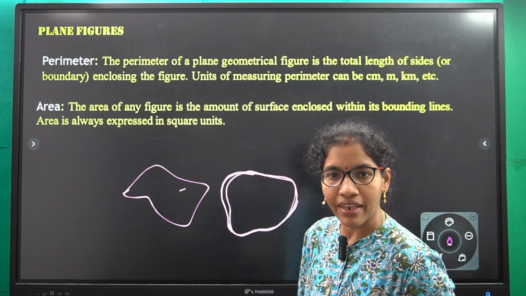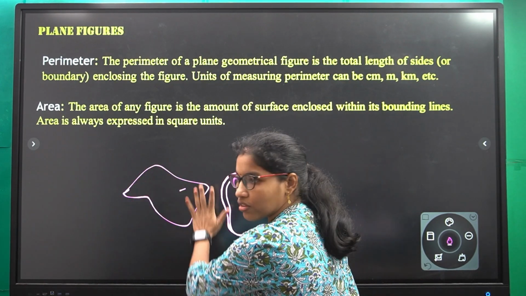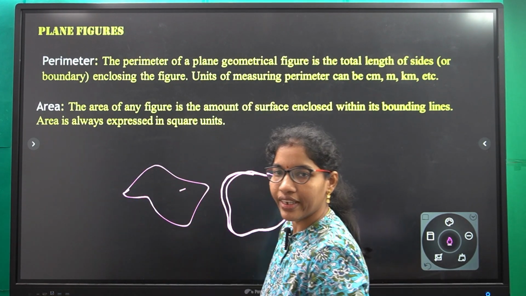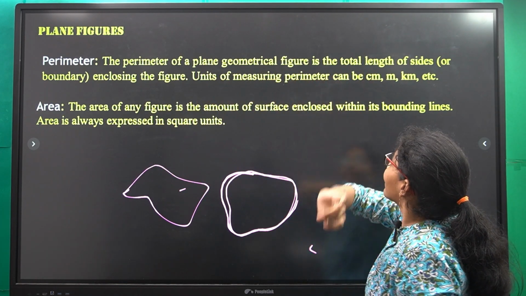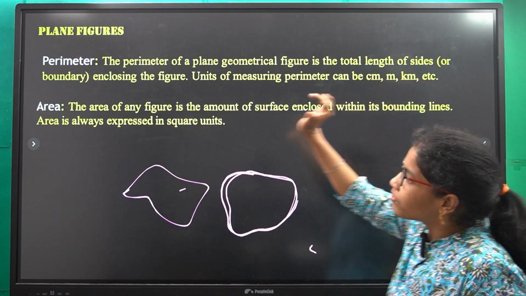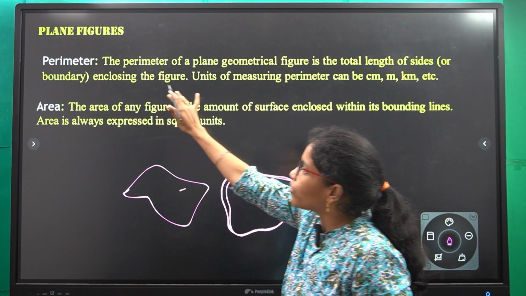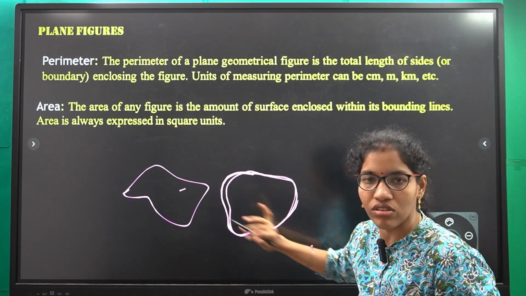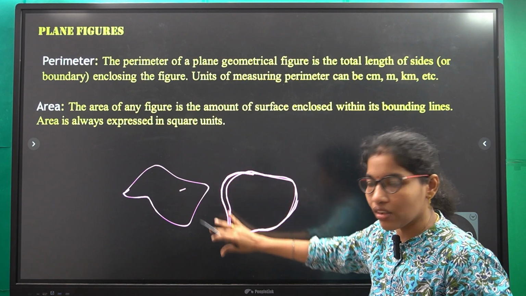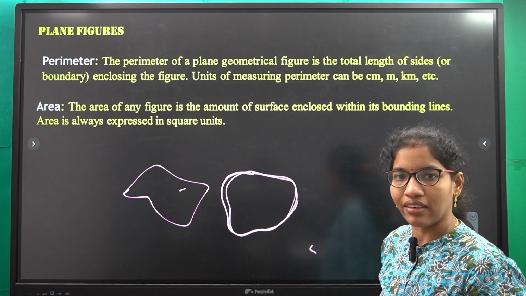What is the perimeter? The outer enclosed, the bounded length of the figure is called what? Perimeter. So the perimeter of the plane geometrical figure is the total length of sides bounded or enclosed in the figure, right? The length of this enclosing is called what? Perimeter, right?